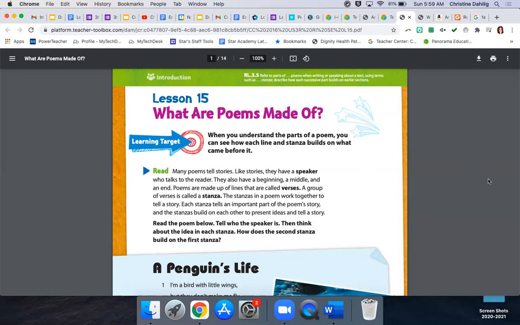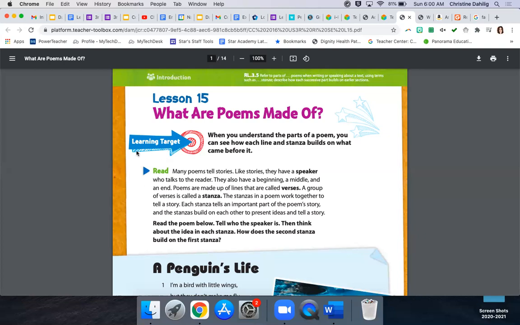So I'd like you to take a look at the learning target. It says when you understand the parts of a poem, you can see how each line and stanza builds on what came before it. We are going to be talking about lines or verses and stanzas more in just a moment.